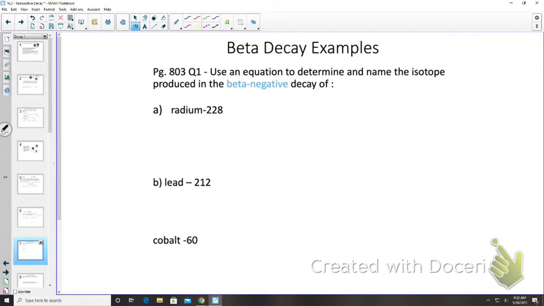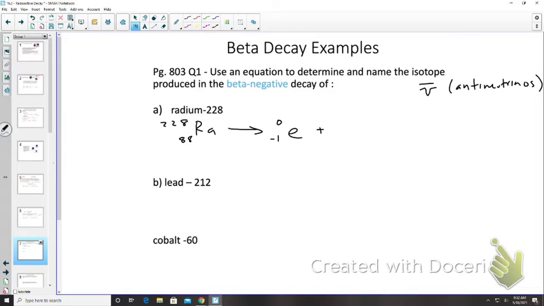So remember, in beta negative decay, antineutrinos are being emitted. So radium-228. Radium from the periodic table has 88 protons, and it is undergoing beta negative decay. So I know it is going to be emitting an electron, and we need to make sure that our mass and atomic numbers are balanced.